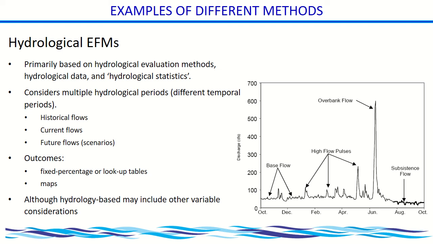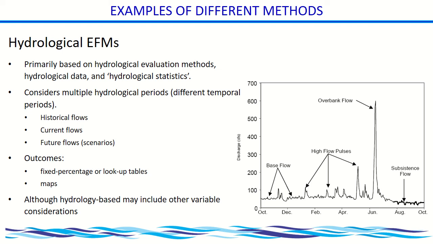Okay, guys, it's important to understand for hydrological methods that we consider just the volume, timing, duration of flows. We do not consider the relationship between the volume, time, and duration of flows and the habitats that they provide. Okay, we only consider the flow itself. So it considers hydrological periods, looks at historical flows, current flows, future flows.